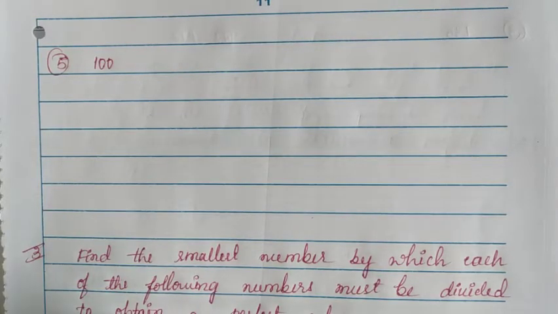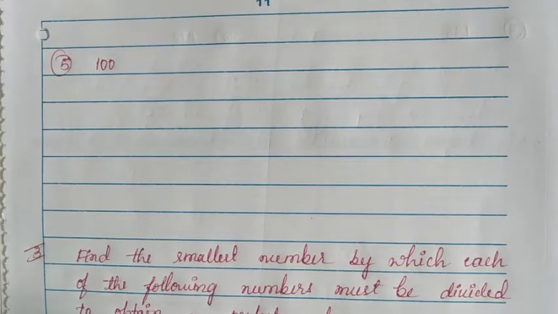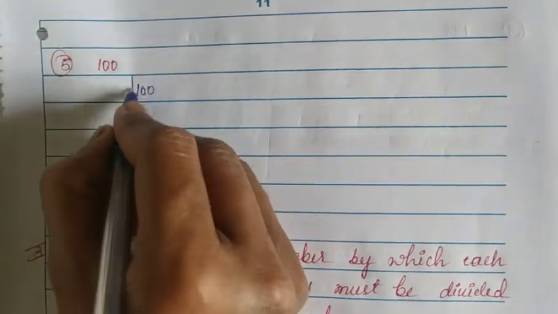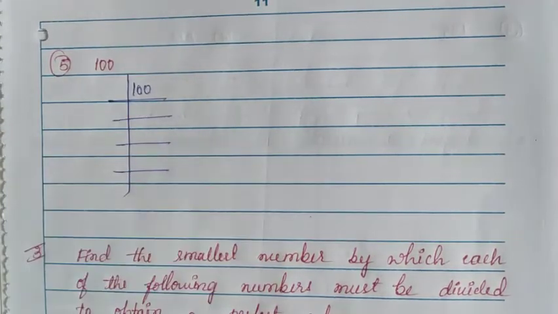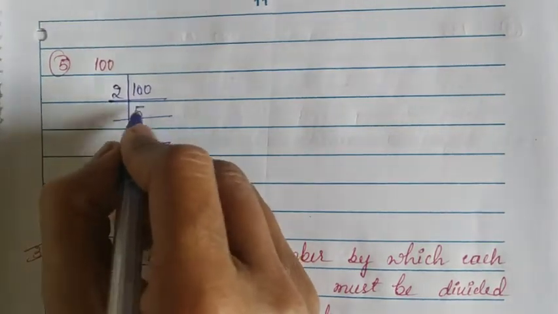Okay children, now come to the fifth problem. The fifth problem is like this: 100. Yes, 100 is introduced into the prime factorization method. Yes, see now, this starts with 2. 2 5s are 10, 0.